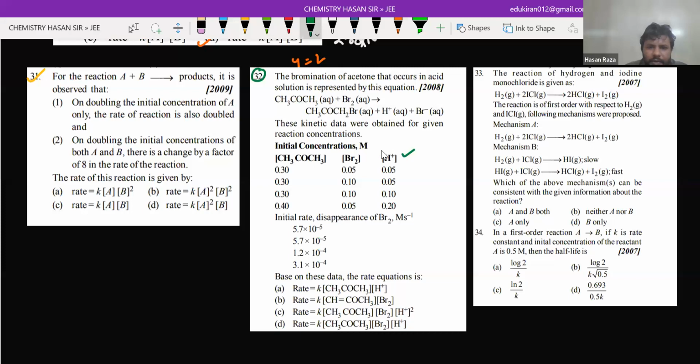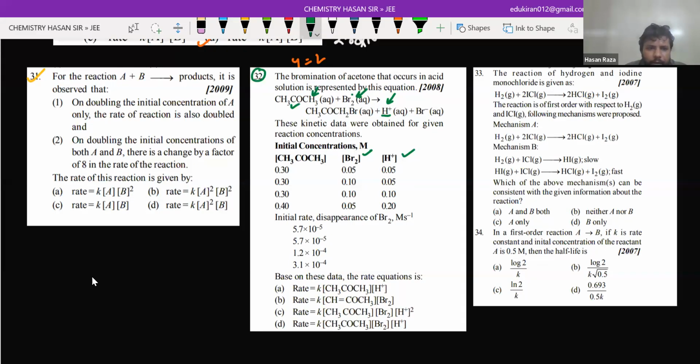See, initial concentration of this is given, and the reaction is given as this plus this is going to give you this and this. So concentration of this Br2 and this is given. How you are going to do this is very simple.